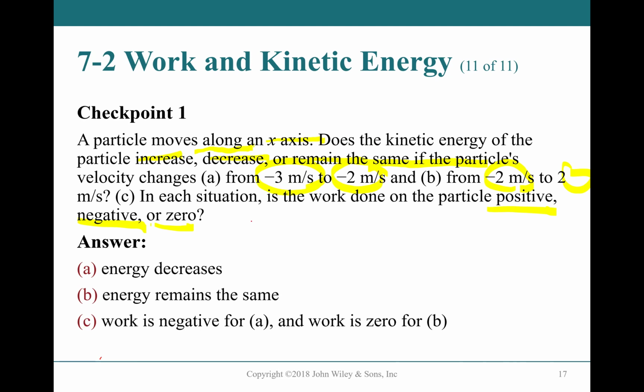See, for A, our initial kinetic energy will be equal to 1/2 mv squared. So it's 1/2 m times 3 squared, right? So you will get 4.5 m.